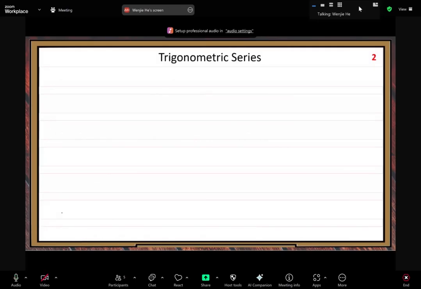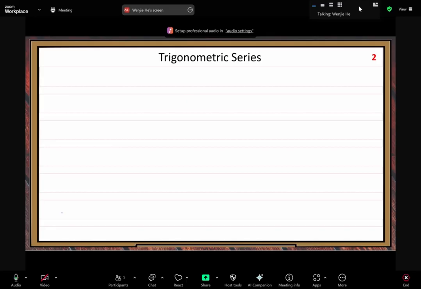Trigonometric series. This time we consider trigonometric series. To understand trigonometric series, we can relate it to our power series representation. We just learned power series representation. Now, a completely different representation, trigonometric series.